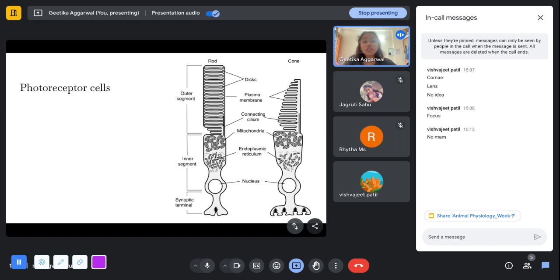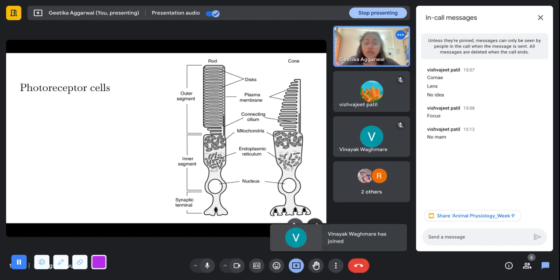But what I'm asking you is a much broader question. What is the function of the rod and what is the function of the cone? How are these two different functionally? Ma'am, synaptic terminal. No, what is the difference in the function of rods and cones? What different functions do they play?